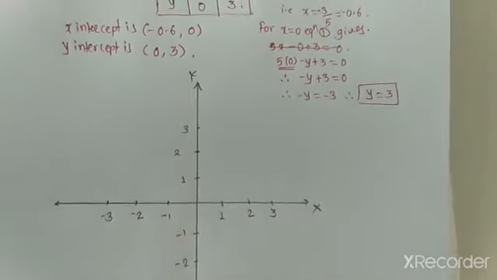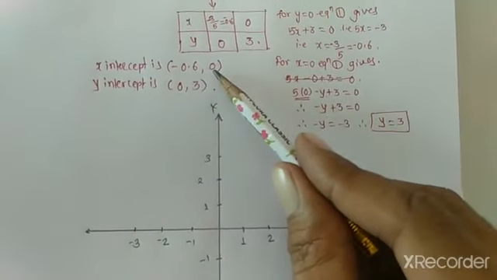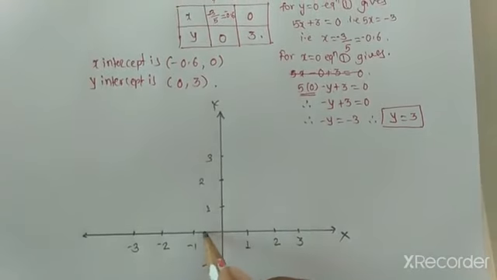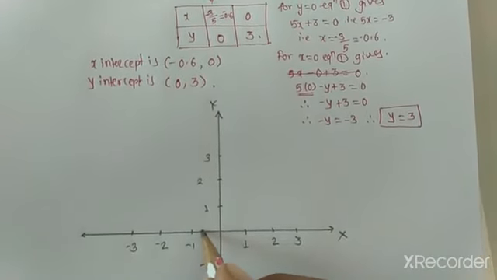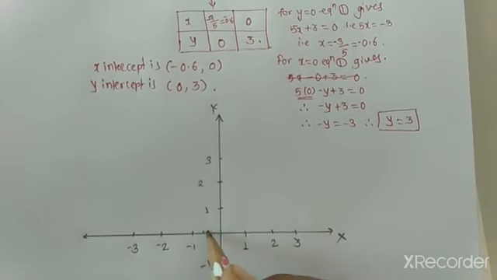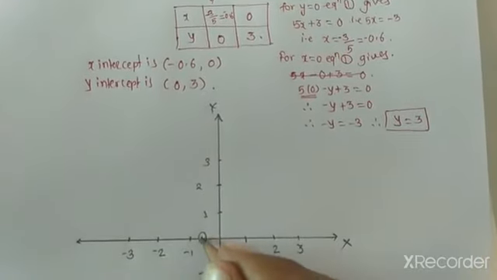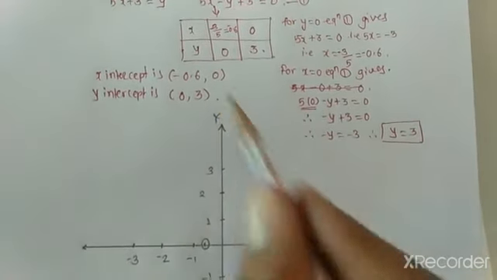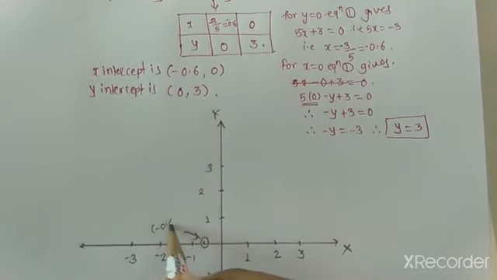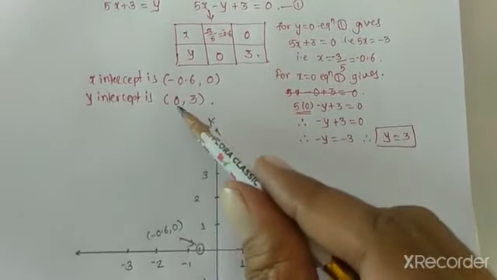Okay, now our first point is minus 0.6 comma 0. That means it will lie on the left side of the x-axis. If I consider this as 0.5, then near about here will be our point 0.6. So this point will be our minus 0.6 comma 0, and our y intercept is 0 comma 3.